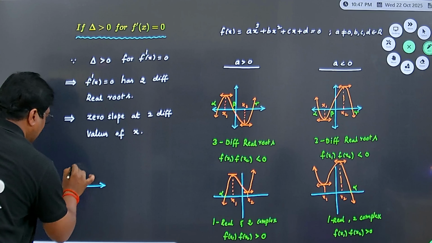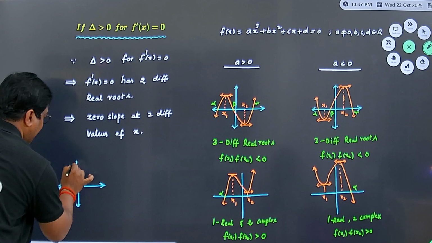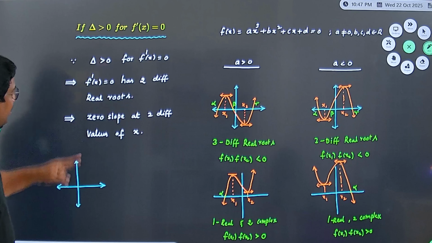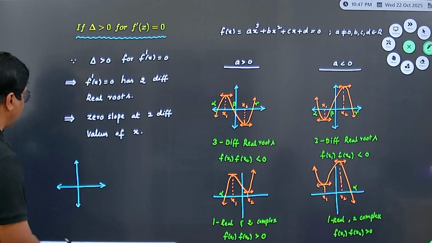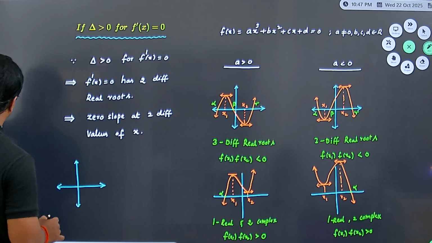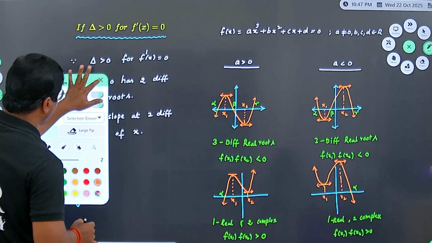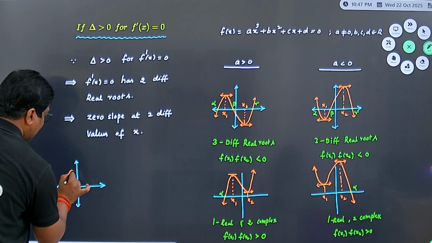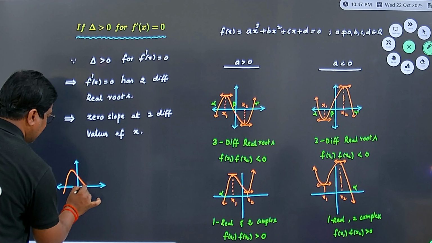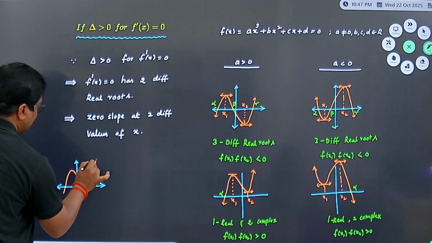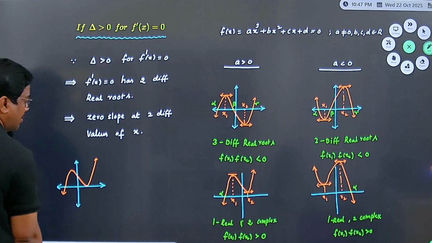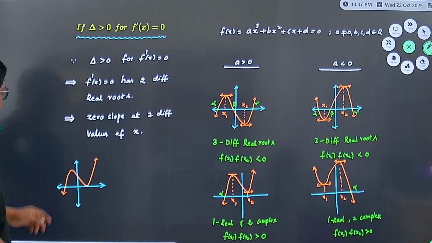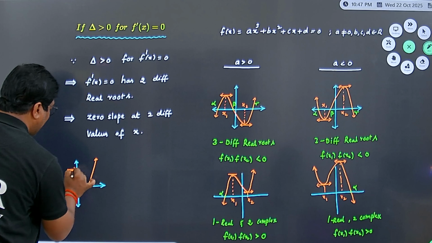You can draw another graph with the condition of 0 slope at two different values of x. Suppose the function increases and slope 0, and after that decreases, slope 0 and then increases. Now let us see this diagram. Slope is 0 at two different values of x.